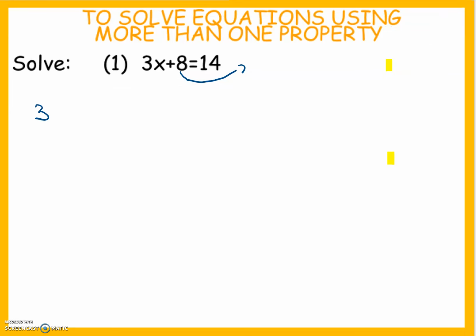So I'm going to have 3x equal to 14 minus 8. So 3x is equal to 14 minus 8, which is 6. Now I still have to isolate x, and I do it by dividing by 3.